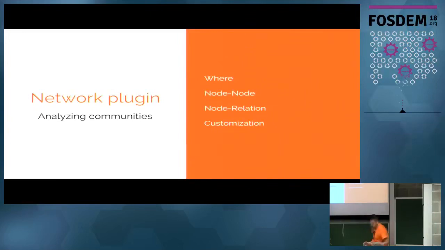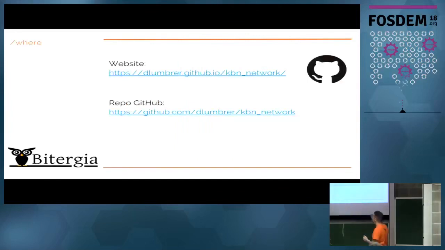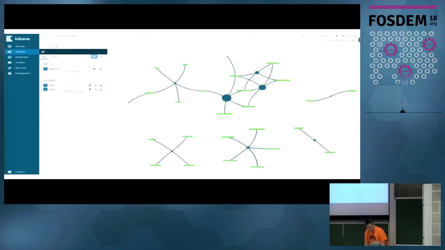The plugin has a website, and of course it is hosted on GitHub, where you have the installation steps. If you have a standard Kibana, you can install it following the steps in the README of the repository. But if you use Kibiter, the plugin is completely integrated and installed by default. The plugin is also available in Kibana 6.1.0 or upper.